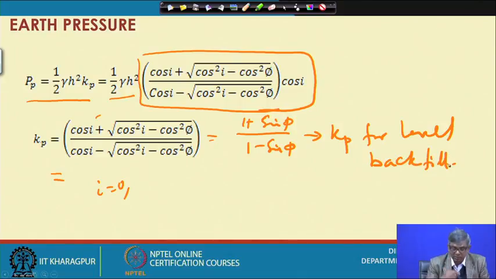Okay. So, this way we can do it. That means we have now got Rankine's method for level surface and inclined surface, both active pressure and passive earth pressure.